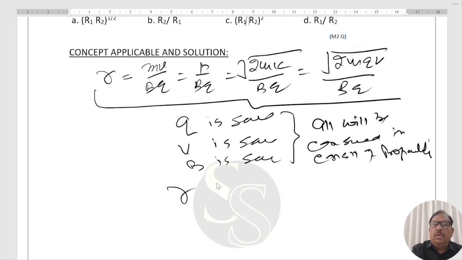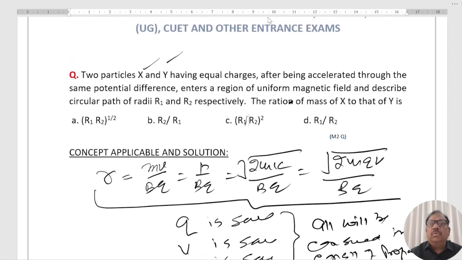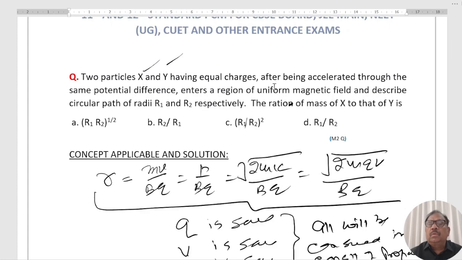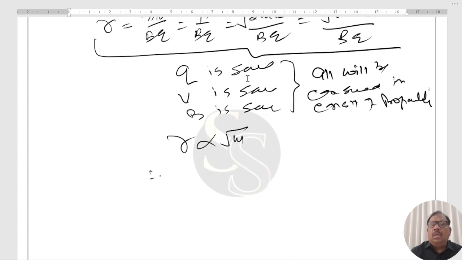Therefore, R is proportional to root M. Therefore, what is given to you? M is proportional to R square.